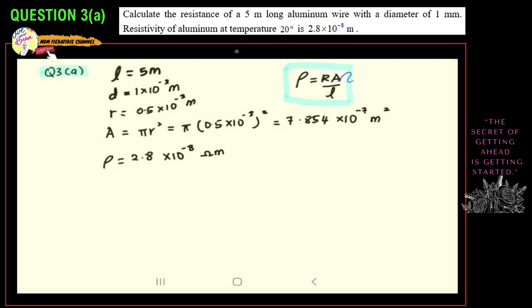We just rearrange this equation, and R is equal to rho L over A. Substitute the resistivity, the length is 5 meter and the area here, and it will give you the answer of 0.18 ohm. Very simple. Make sure that if you get it wrong, it's most likely because of the unit conversion. If you don't check carefully, it becomes wrong.